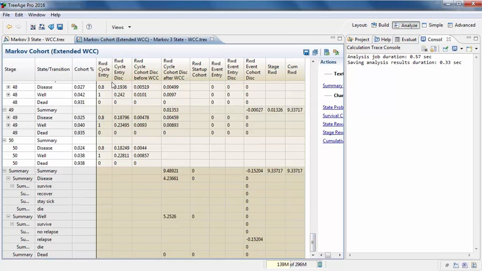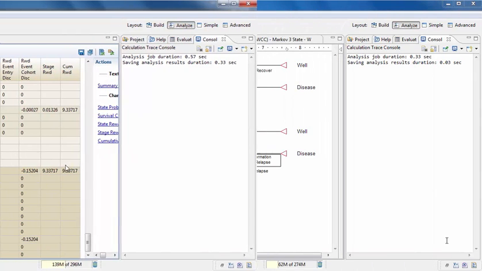So the column headings here again are fixed, and the summary here shows the total accumulation of utility for each state, so in this case disease and well, and from each event, so in this case the relapse event. These are the only three sources of utility accumulation, and so the sum of these values is the total expected value for the utility of the model.